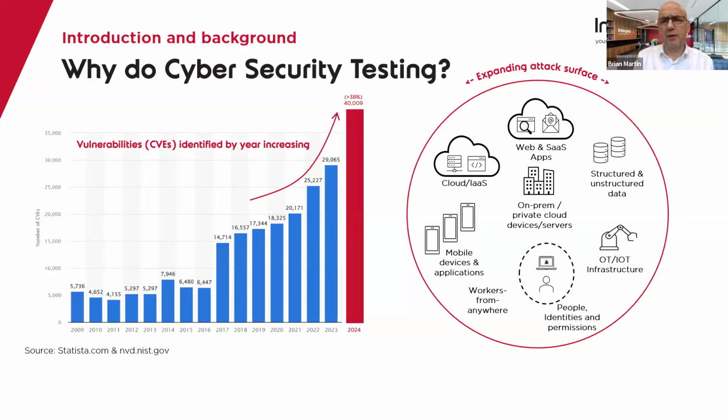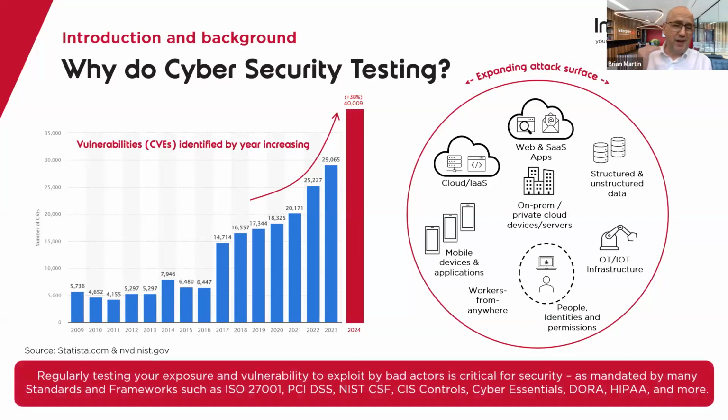And that represents a massively increased, expanding attack surface. So regularly testing your exposure and your vulnerability to exploitation by bad actors is critical for security, and no wonder then it's mandated by pretty much all of the standards and frameworks in operation, whether it's ISO 27000, PCI DSS, the NIST framework, CIS controls, Cyber Essentials, DORA, HIPAA, and so on and so forth. You'll find the same and similar requirements in these standards and frameworks.